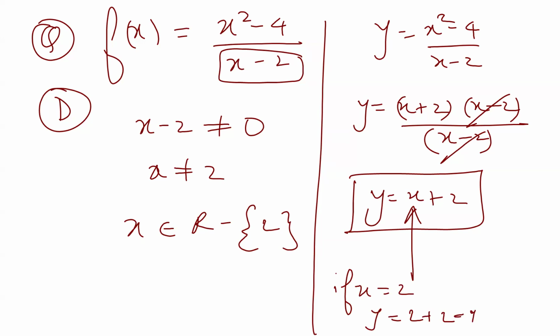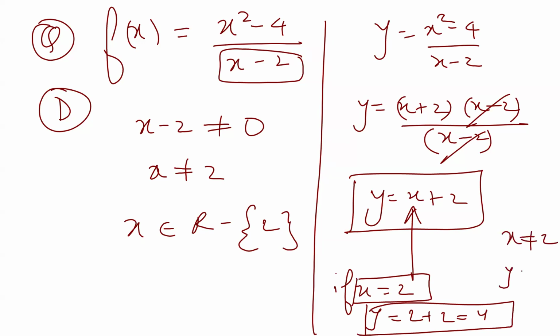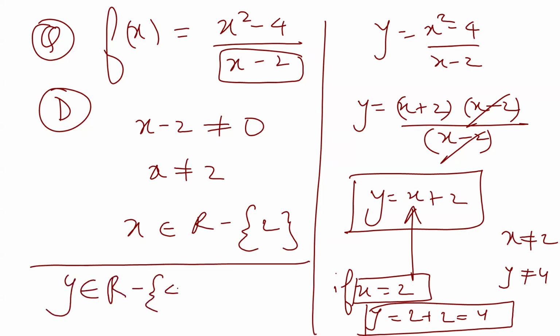If x is 2, y value is 4. And if x is not equal to 2, y can never be equal to 4, right? Then what is the value of y? Y will be any real value except 4, and that's the range.